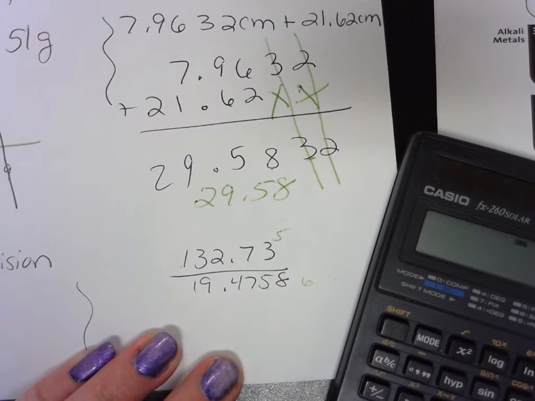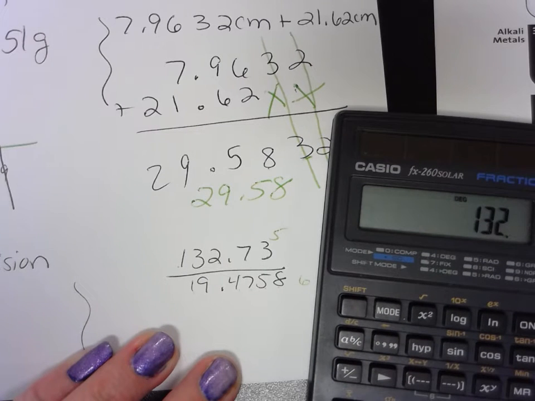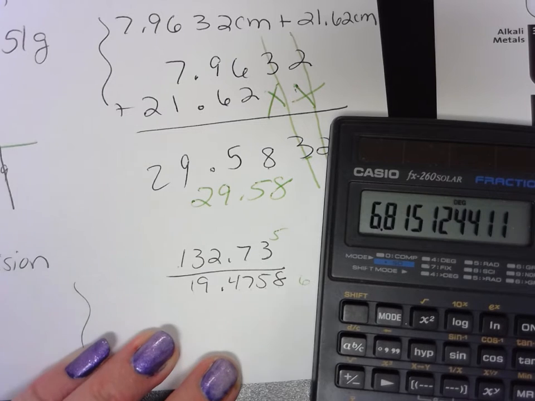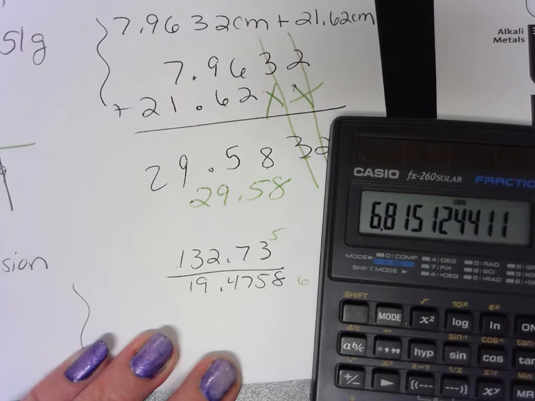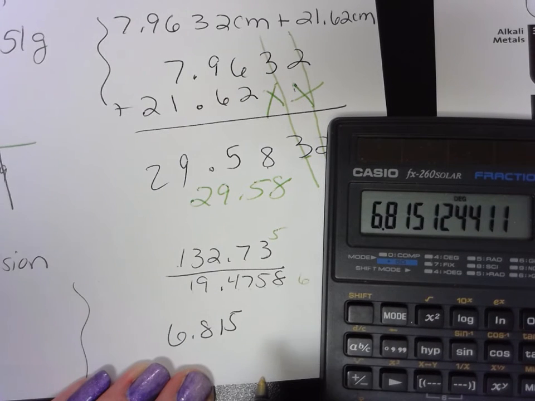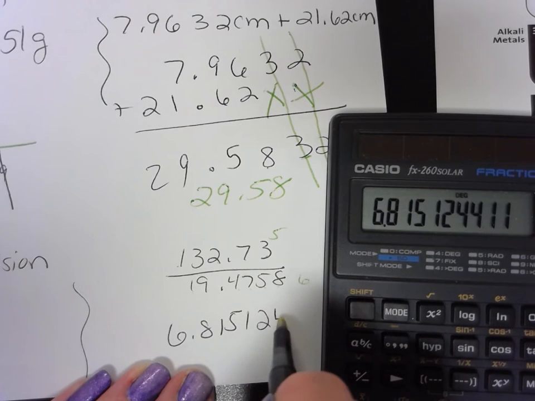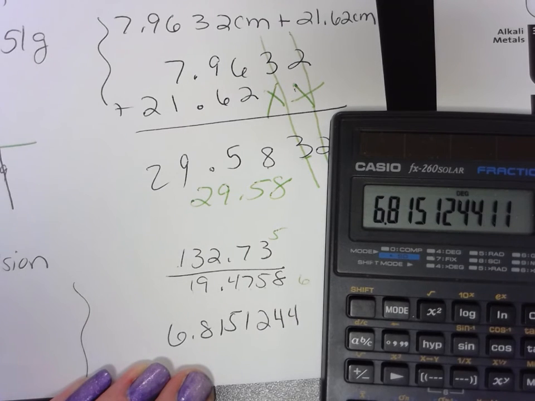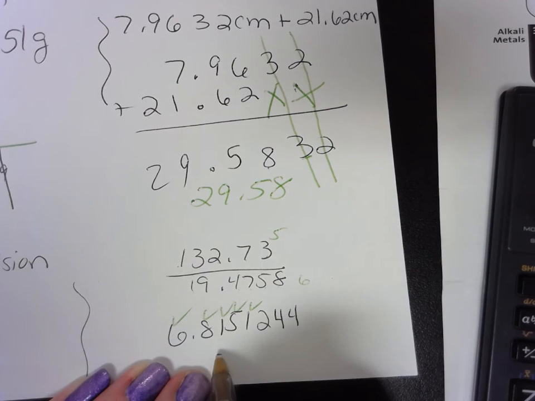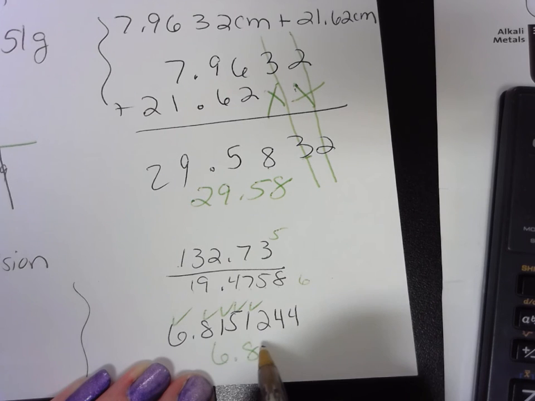So just stick that in the calculator. 132.73 divided by 19.4758, and I get 6.8151244 and so on. All right, so I can keep 5 of these digits. 1, 2, 3, 4, 5. So my answer is 6.8151.